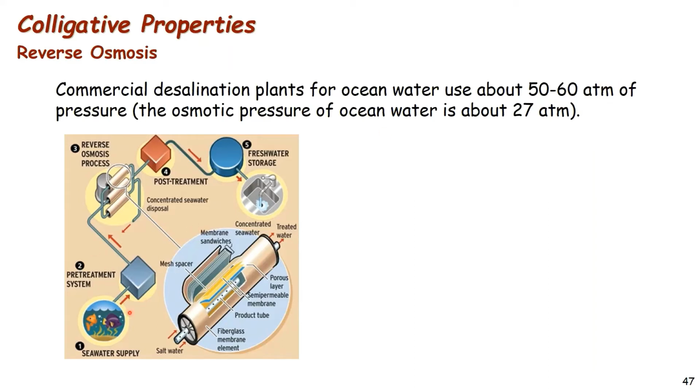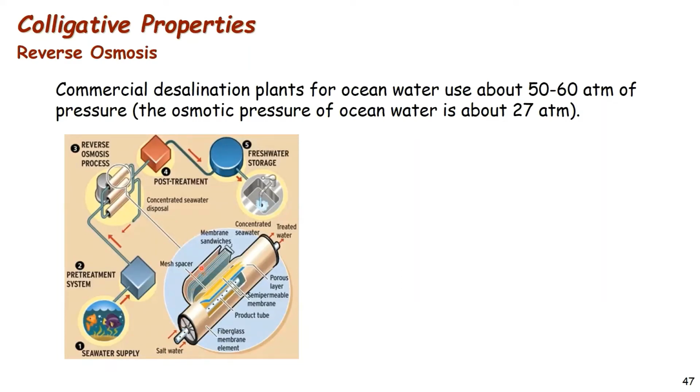So basically what happens is that you bring the salt water in from the ocean. It first goes through a pre-treatment, just trying to get rid of all the big particles and anything that would clog up your semi-permeable membrane. It then goes into the reverse osmosis system. You can see that the seawater comes in through the edges here, okay?